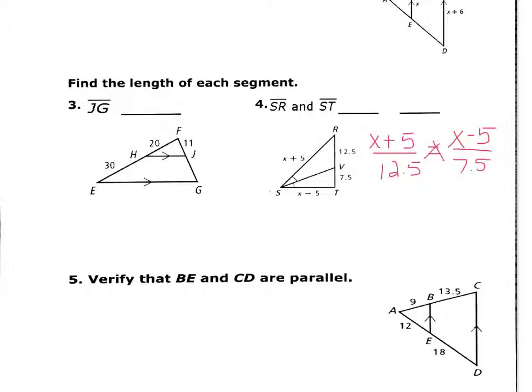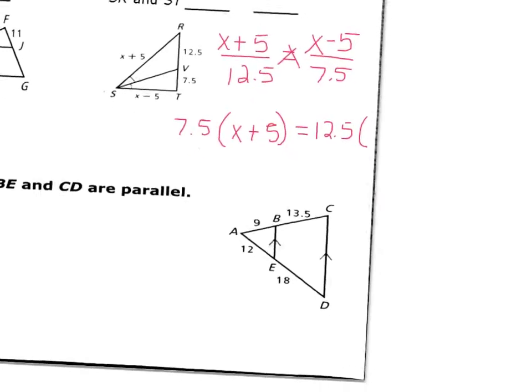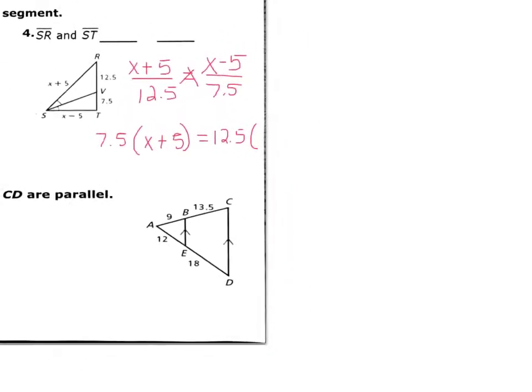So this is a binomial, okay? Binomial, that needs to be in parentheses. So that would be 7.5 parentheses x plus 5 equals 12.5 parentheses x minus 5.